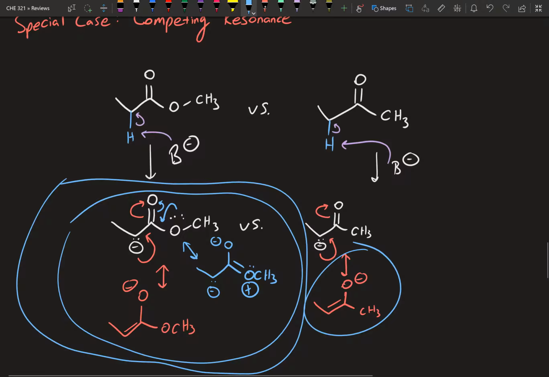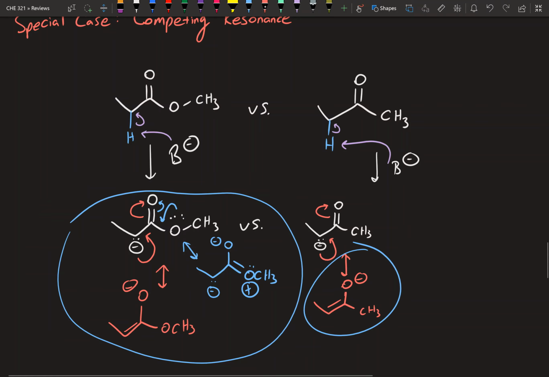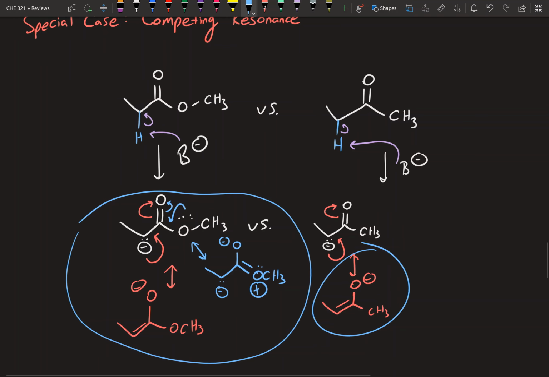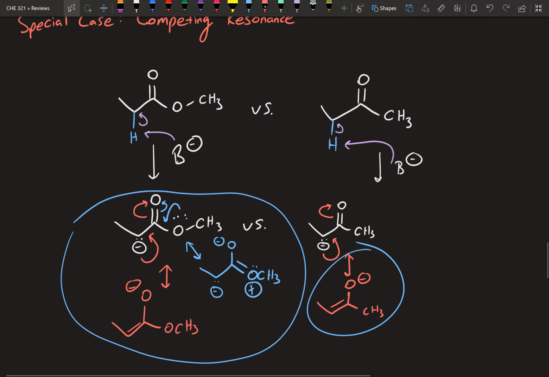Okay, so that's known as competing resonance. So when you're doing these questions, you need to watch out for whether your compound has a substituent that can resonate. On the right we have a CH3 group. It's not going to be able to resonate, but the structure on the left does. That negative charge on the carbon is competing with that OCH3 for which one will form that double bond. All right, and so that's going to destabilize it a little bit, and on the right-hand side, it's going to be a little bit more stable.